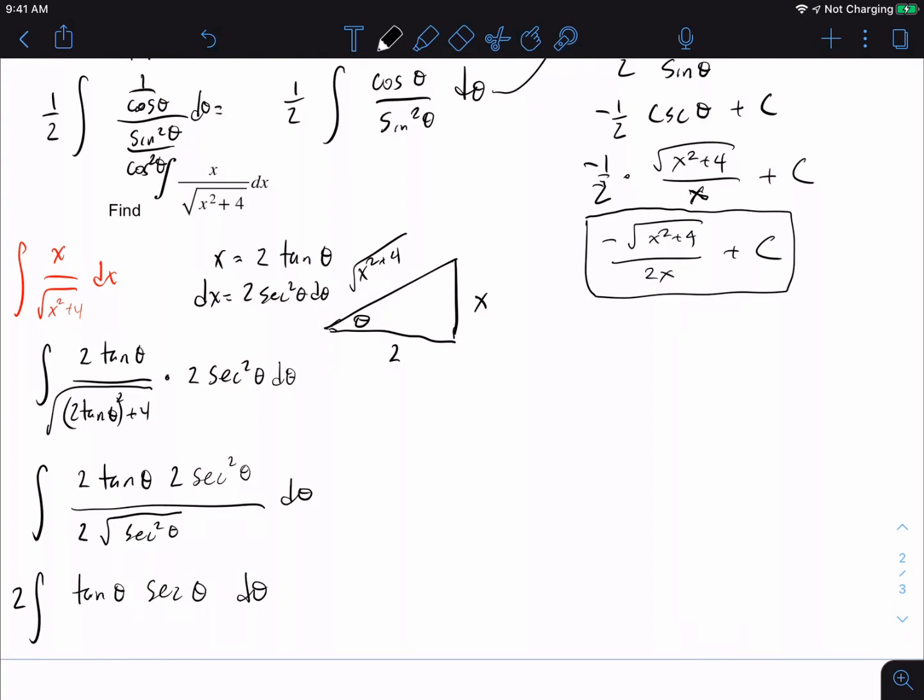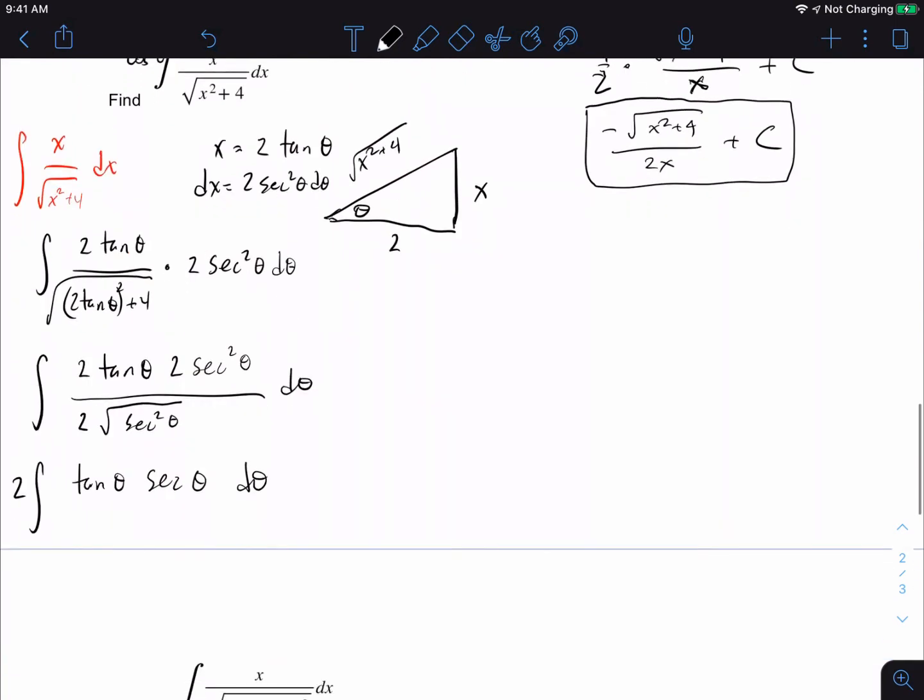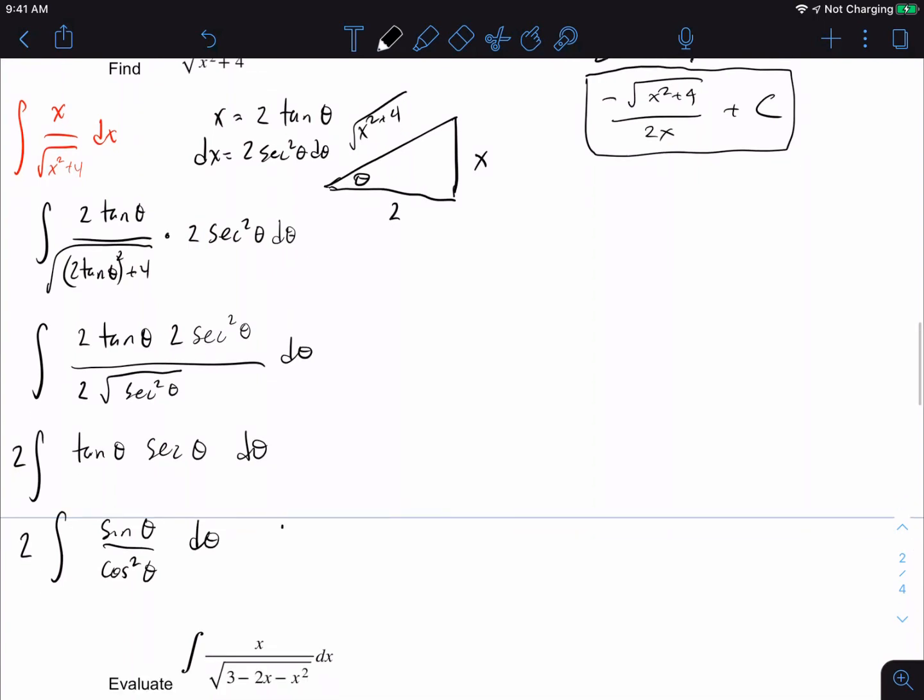Now from here what ends up happening is we could do this in terms of sine and cosine and attack this problem, which I'll show you. It ends up being 2 times the integral of sine theta over cosine squared theta d theta. Agreed? And then my u substitution is going to be cosine theta. So I'm going to get du is negative sine theta d theta.